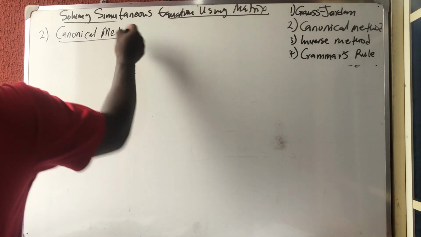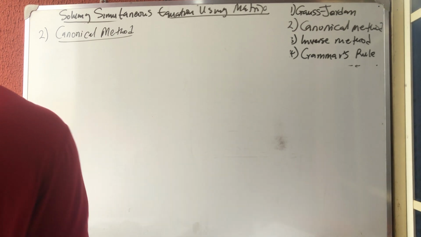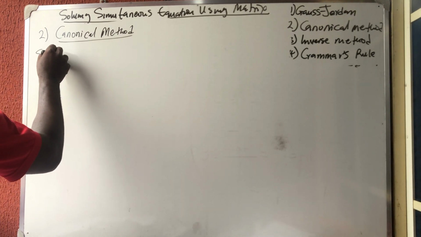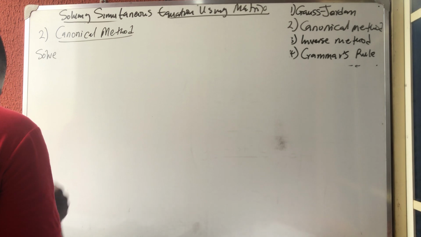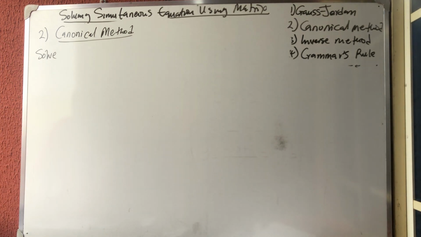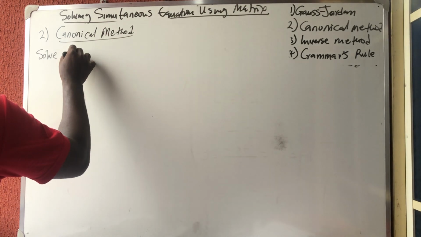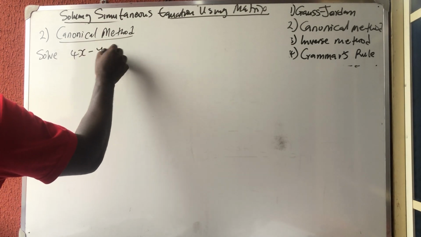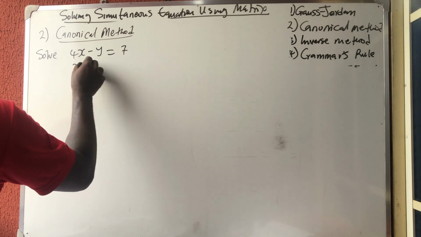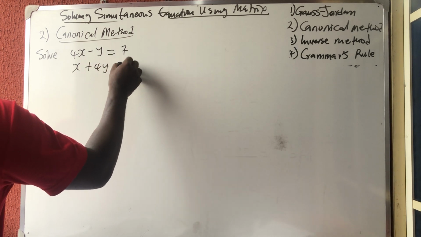Now, the question said solve: 4x - y is equal to 7 and x + 4y is equal to 23.